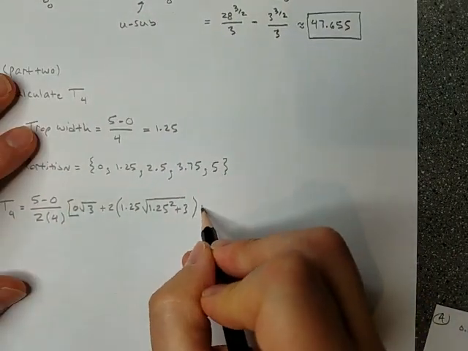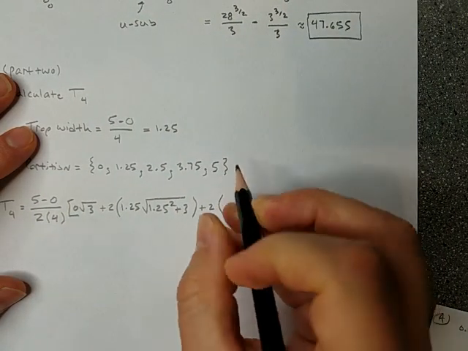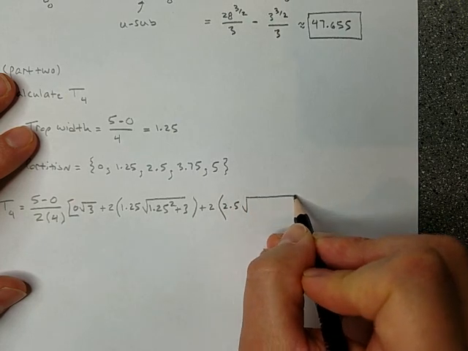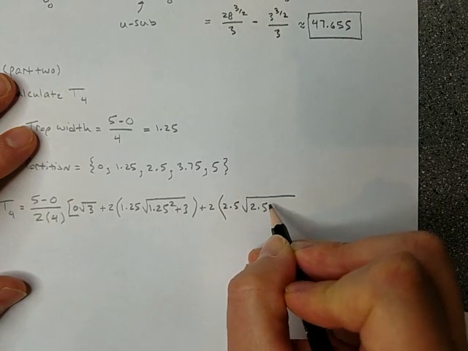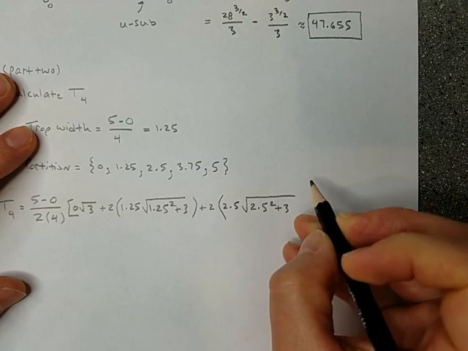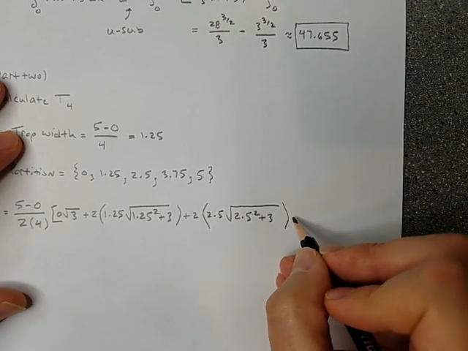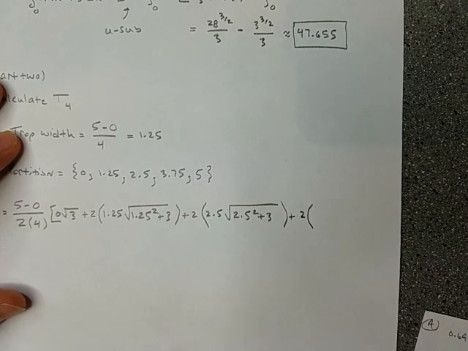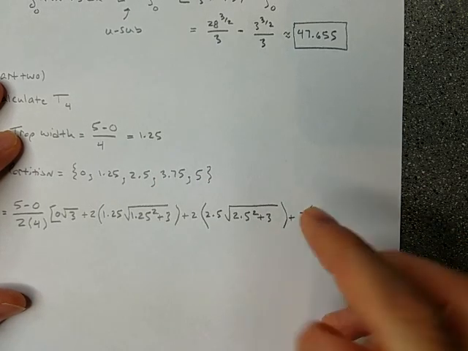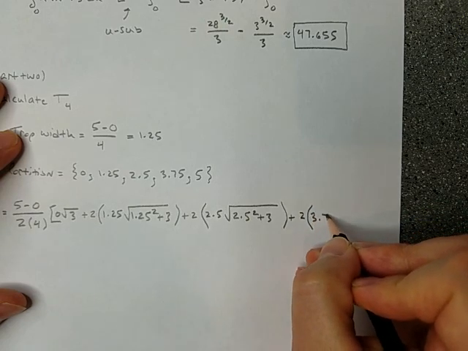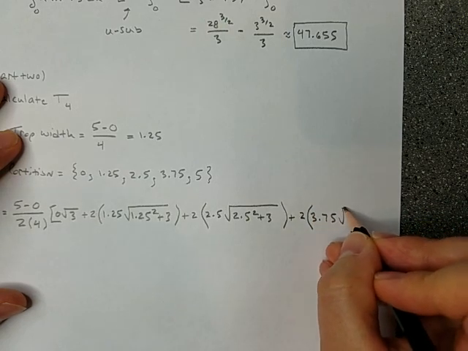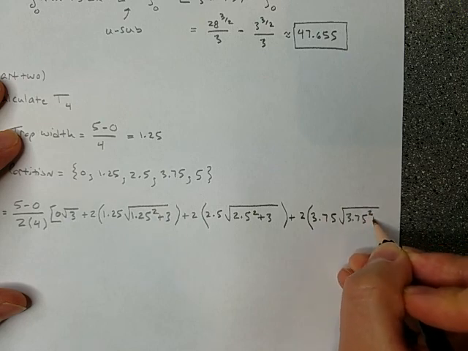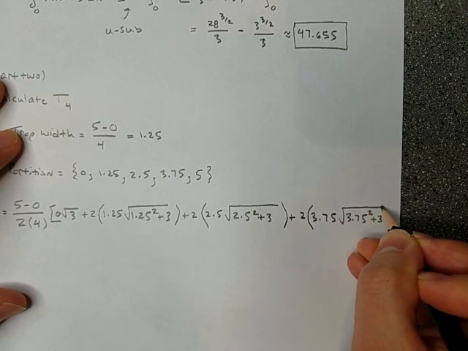All right. So it's gonna be no fun to write all this out, but that's the way it goes. So then 2.5 root 2.5 squared plus 3. Okay, plus, keep going. Now I'm at the 3.75. I'm still doubling. So 3.75 root 3.75 squared plus 3.